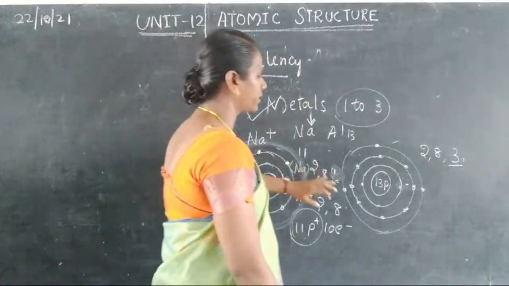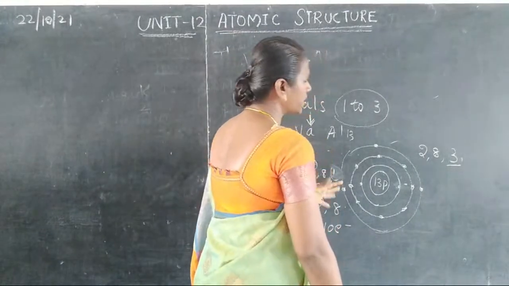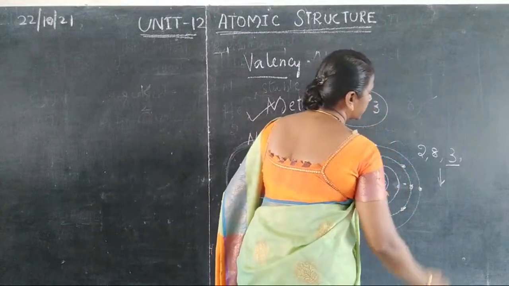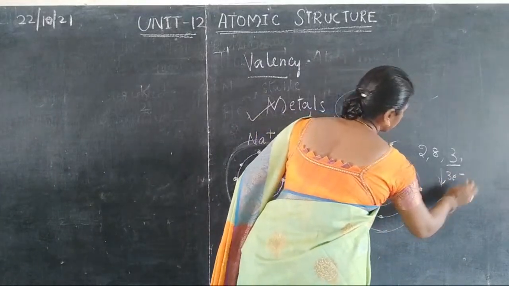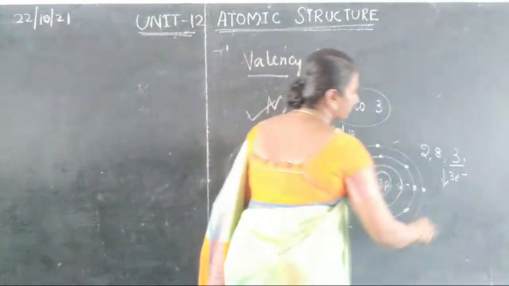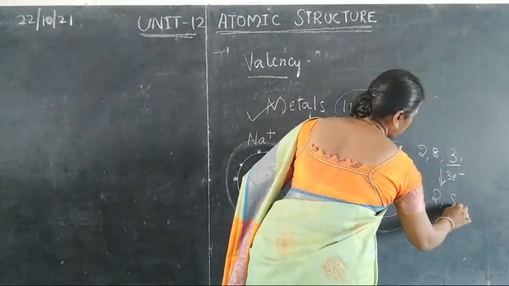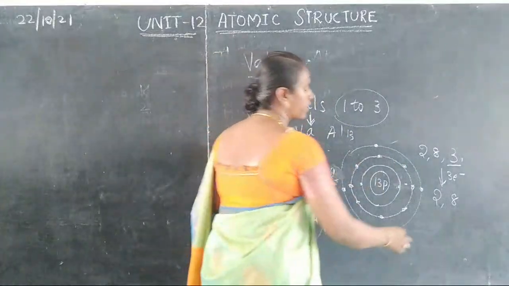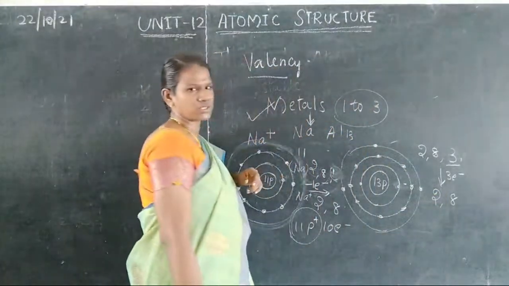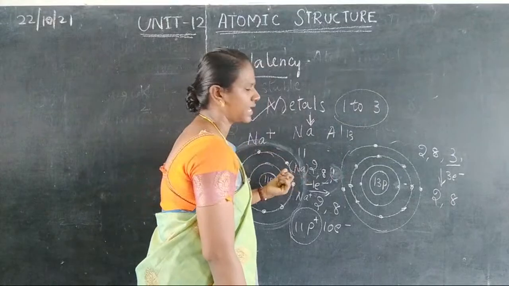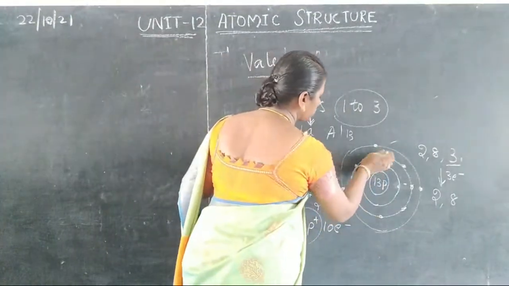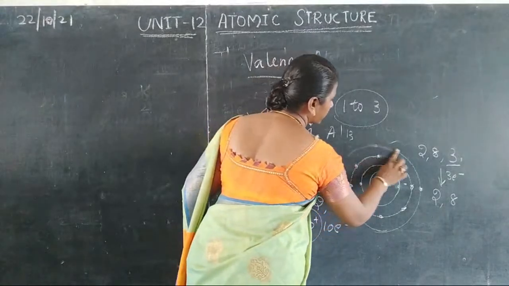So what about aluminium? If aluminium loses 3 electrons, it will get the 2, 8 electronic configuration.